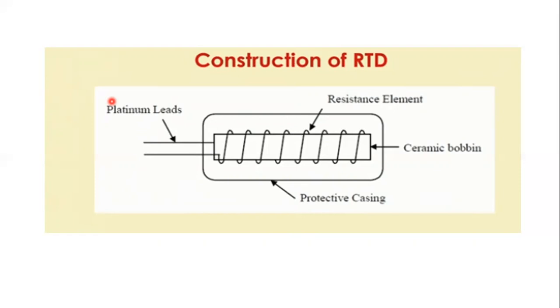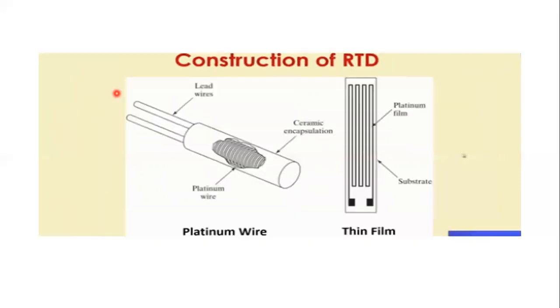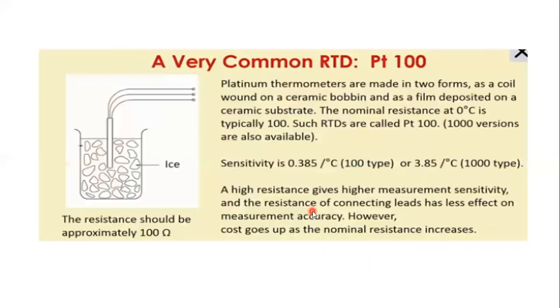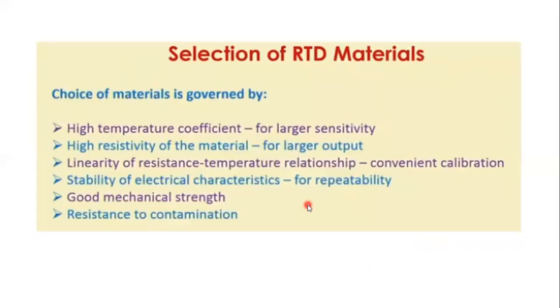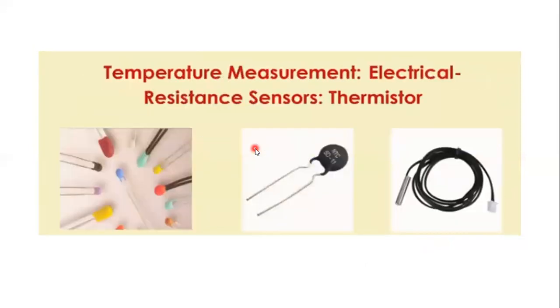Also it is an easily reproducible type of temperature transducer and will provide high accuracy. So these are the platinum wire RTDs, and they can also be constructed as a thin film.